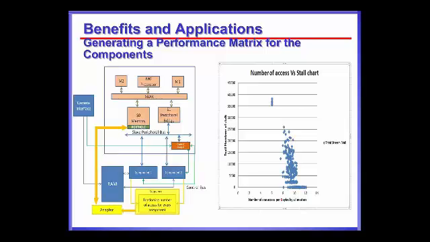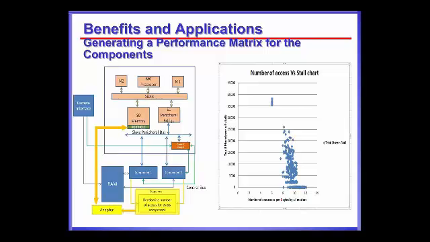If you look at the graph that we have shown here, the x-axis shows the number of accesses by a master, like how many cycles it takes to do an access on memory, any master. And on the y-axis it shows the number of stalls that it encounters, right?